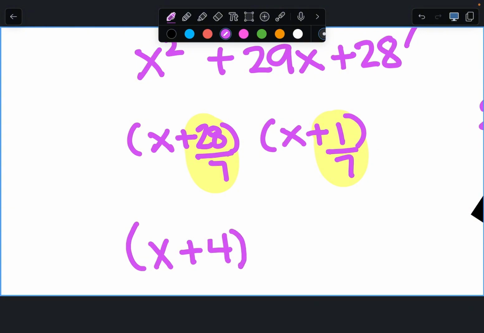The fraction stays the same, so we do what we call bottoms up. The bottom number goes to the top. I always have a handful of students by the end of this lesson who try to put the 1 in front. No, the bottom number in the fraction rises to the top, in front of the x. It becomes 7x plus 1.